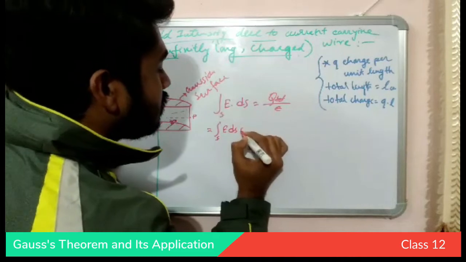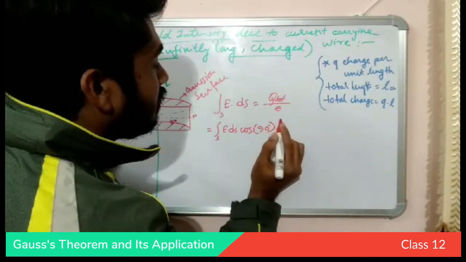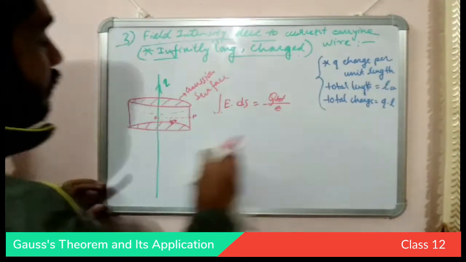So we will distribute this like E ds cos 90 degree. I will do it elaborately.